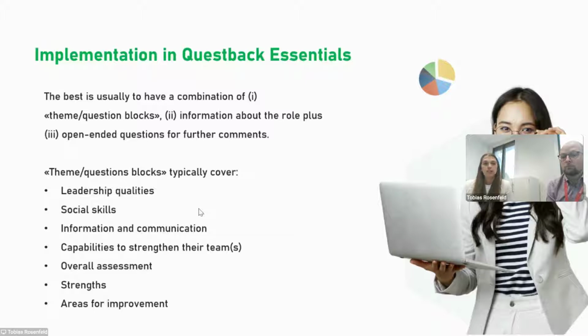Some examples of these theme blocks can be, for example, leadership qualities, their social skills, how they are with giving information and communicating with their employees, how they are able to strengthen their team, in addition to an overall assessment, and of course their strengths and areas for improvement.